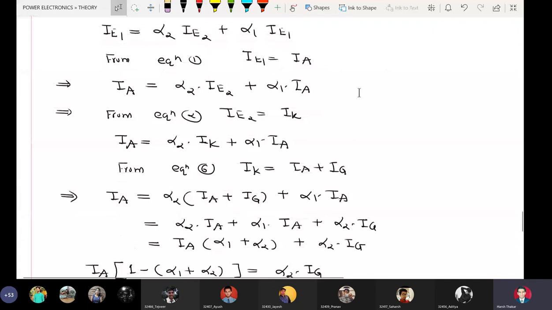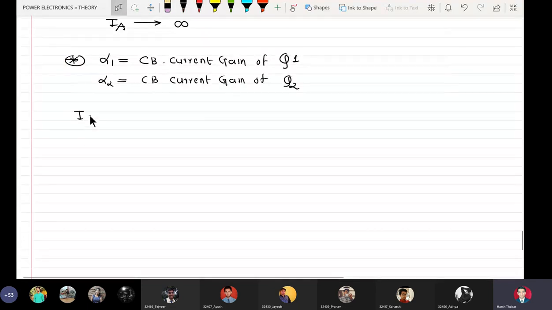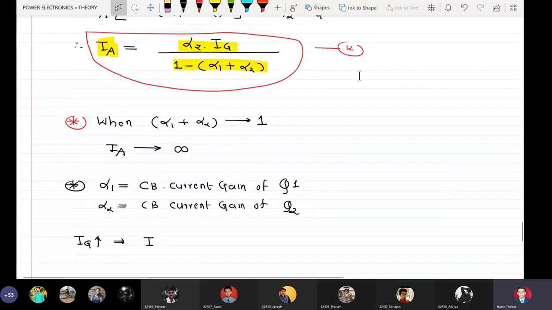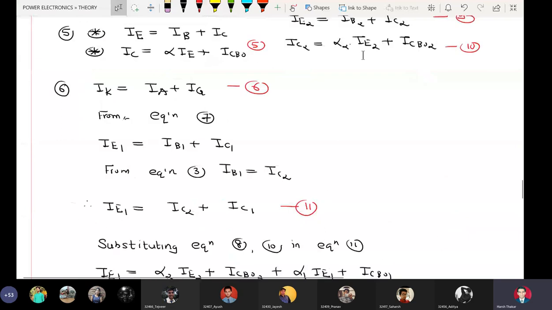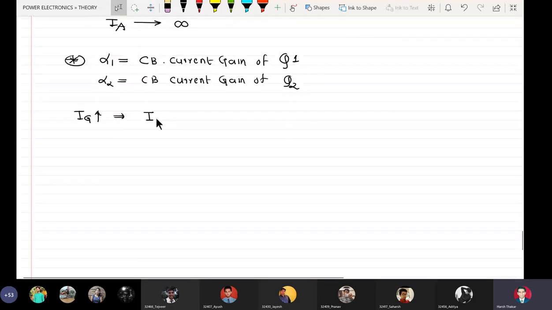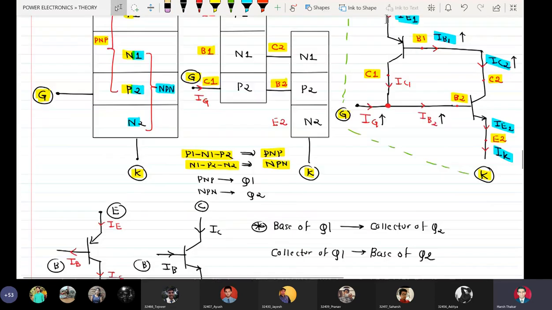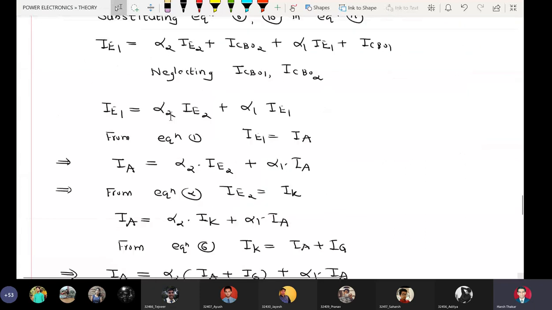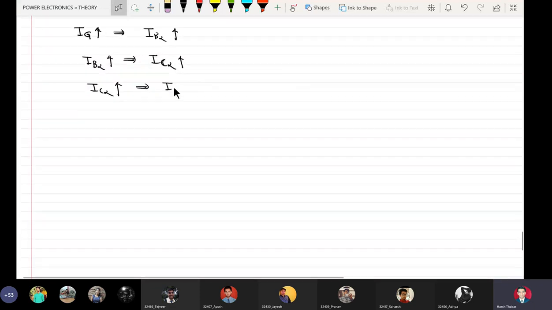So last but not the least, when we apply gate drive, IG increases, then it leads to IB2 increasing, IC2 increases, then IB1 increases.